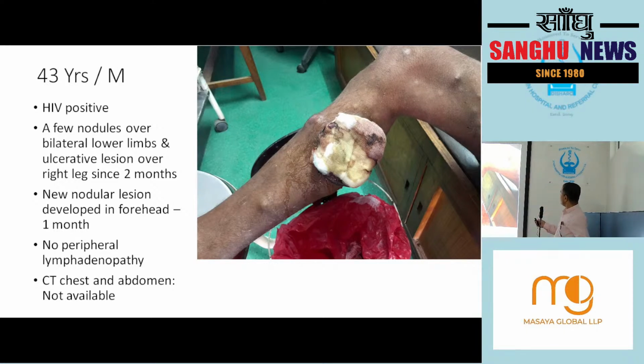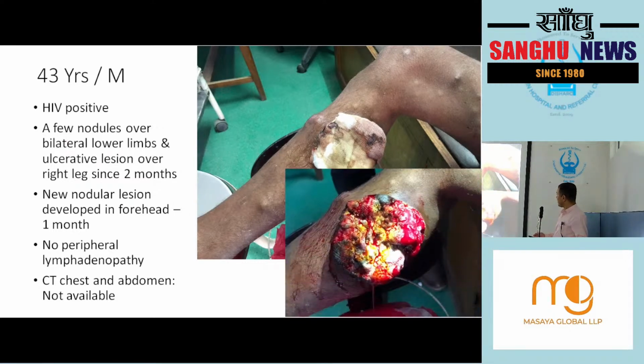The photograph was sent by the patient. The ulcer is covered by a dressing piece here, but when you remove it, it looks like this.